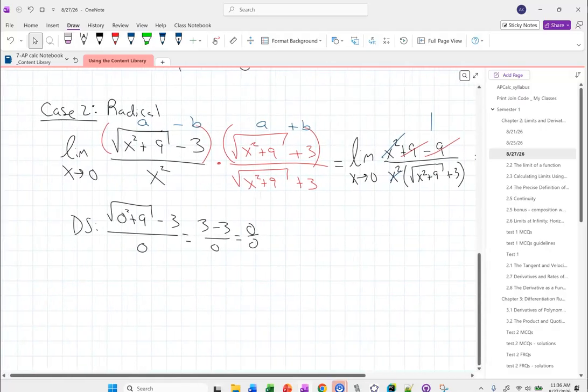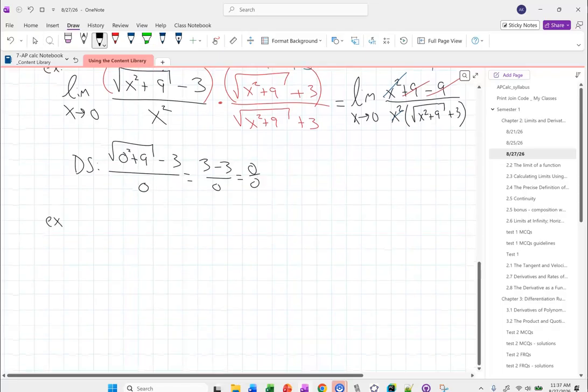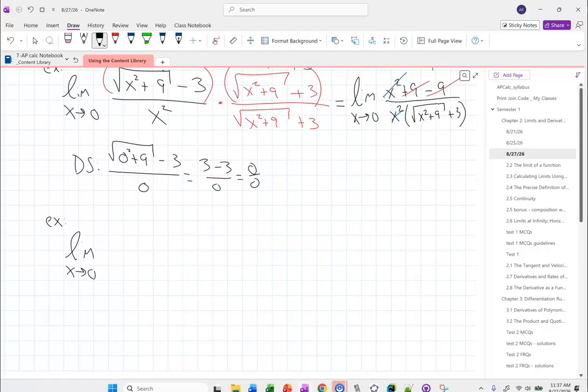Now, let's do another one kind of like this. That could work a little bit differently depending on how you see things. Hold on.